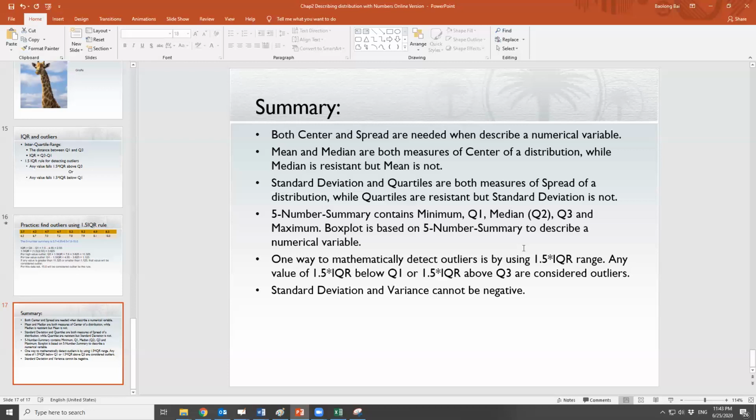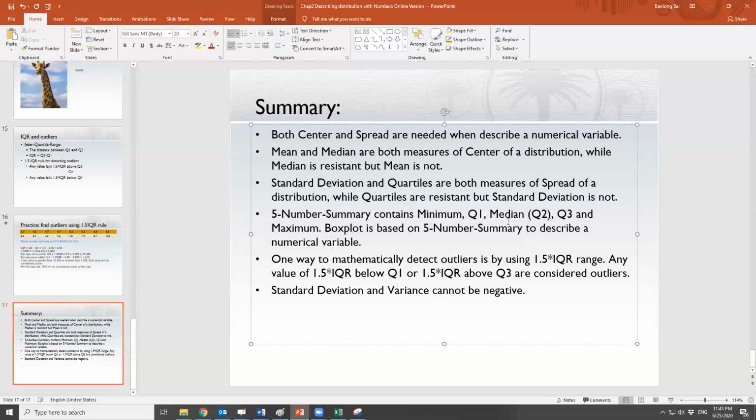The resistant measures are the location-wise measures, like median, quartiles, and interquartile range. They are not affected by outliers. Mean, standard deviation, and variance are not resistant. They will be affected by outliers.